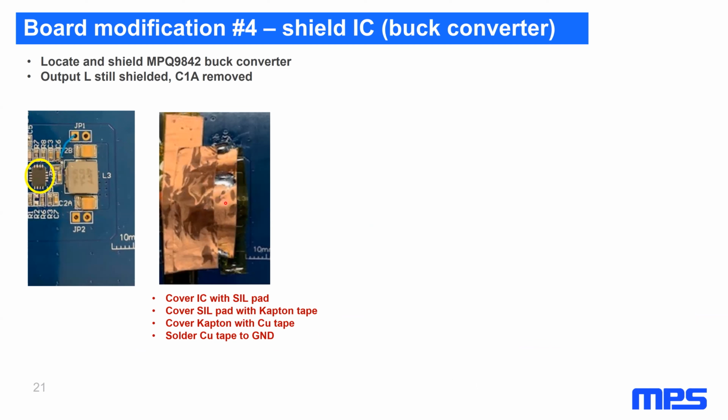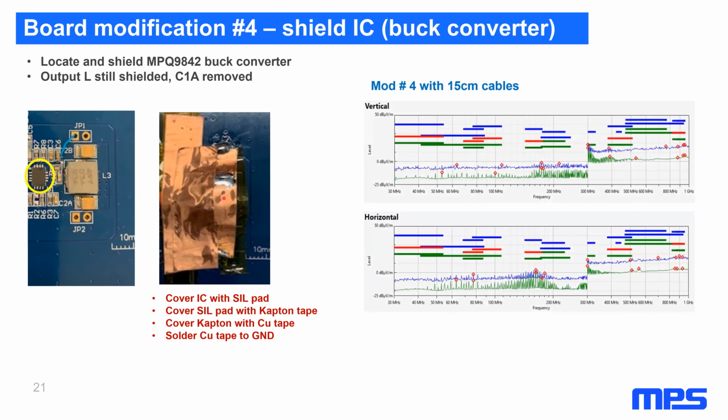I kept the inductor shielded and I put a Sil-Pad over the IC along with some other insulation. And then I taped over this entire region for the IC, switch node, and the inductor. When I did that, these are the results I got, which ended up being kind of mixed.